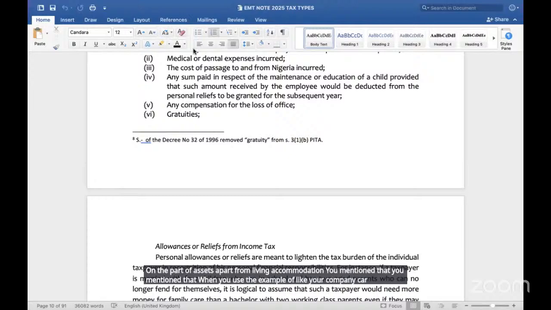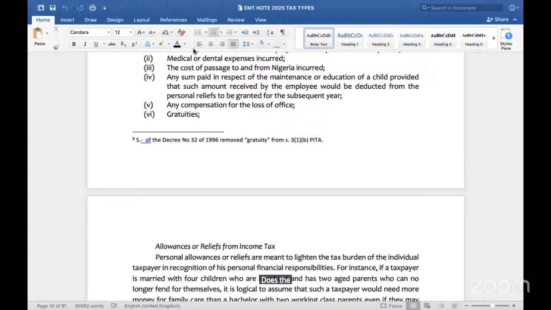Since it is Unilag that is getting taxed and not you, because you're not the person that bought the car and your name is not on the documents for it, if by the time you are retiring or leaving office Unilag says take the car with you, does the incidence of taxation fall on your part, or does Unilag still have to pay tax for that?